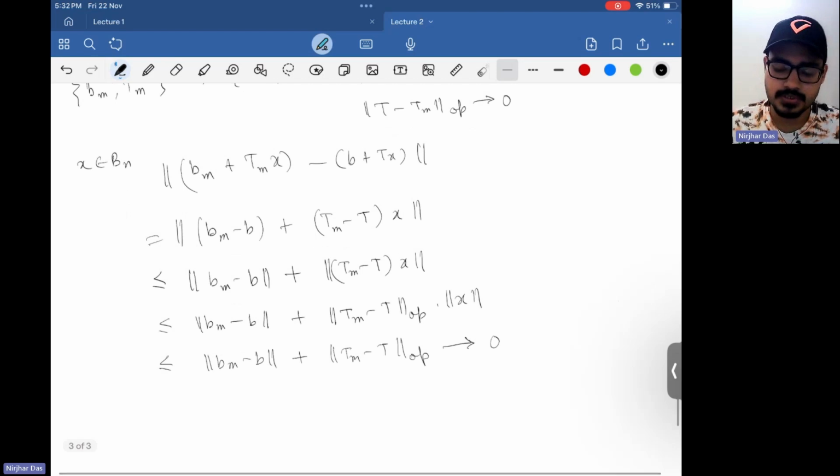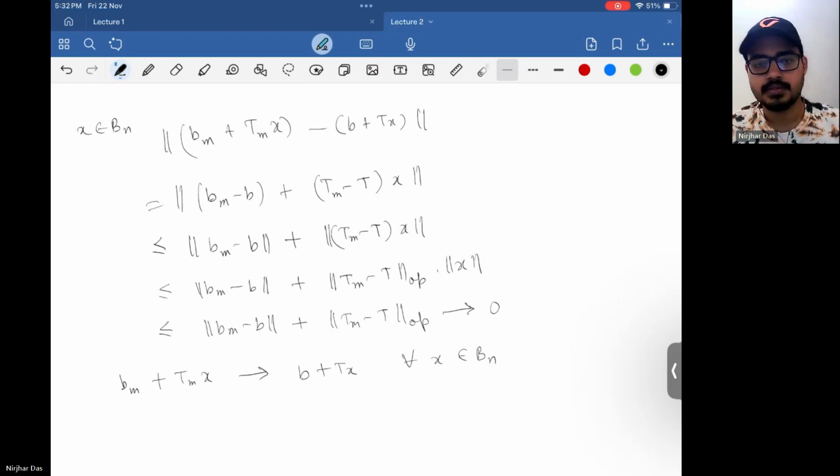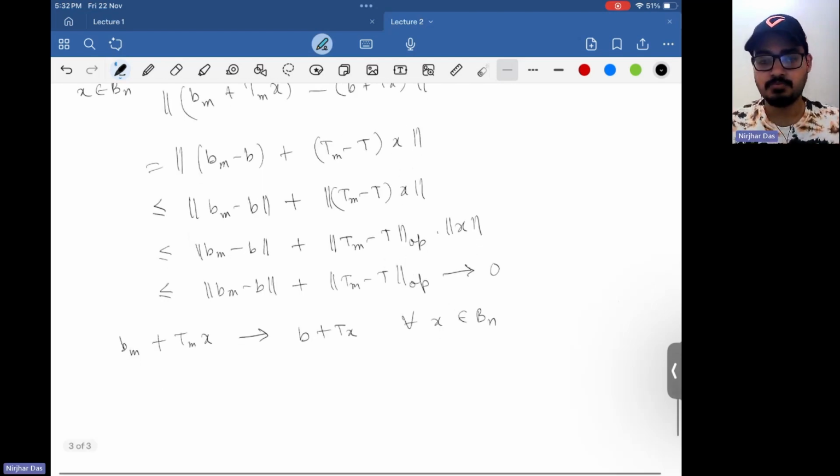So what we have shown is that Bm plus Tm of x goes to B plus T of x for all x in the ball. So basically, the ellipsoid Bm plus Tm times ball n goes to B plus T of ball n, and this happens pointwise.